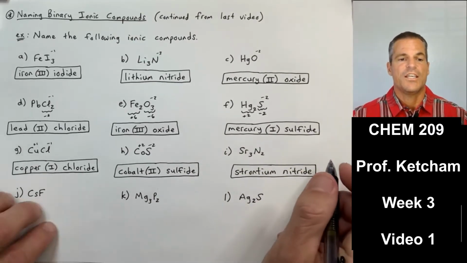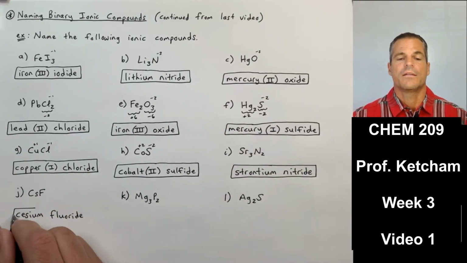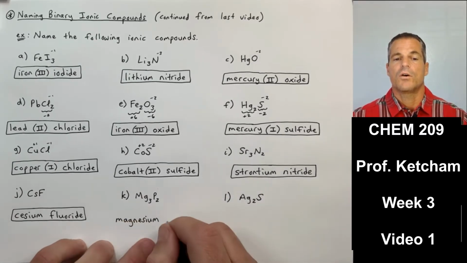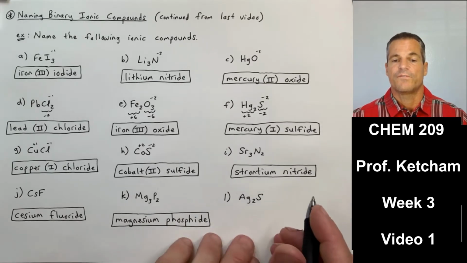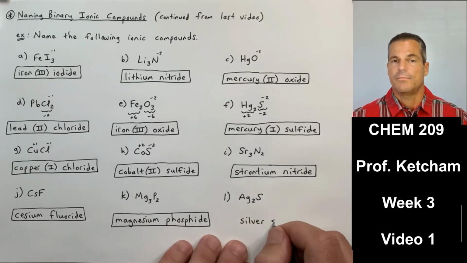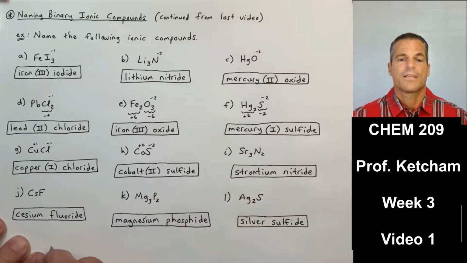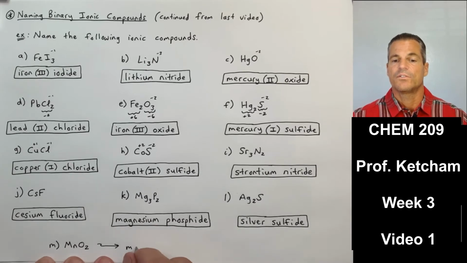For G, CuCl, copper(I) chloride. For H, the -2 on sulfur tells me cobalt must be a +2, so cobalt(II) sulfide. I, strontium nitride. J, cesium fluoride. K, magnesium phosphide, and L, silver sulfide.